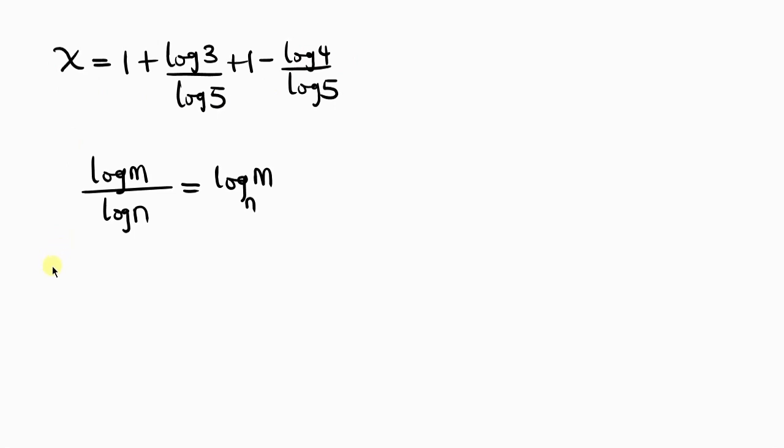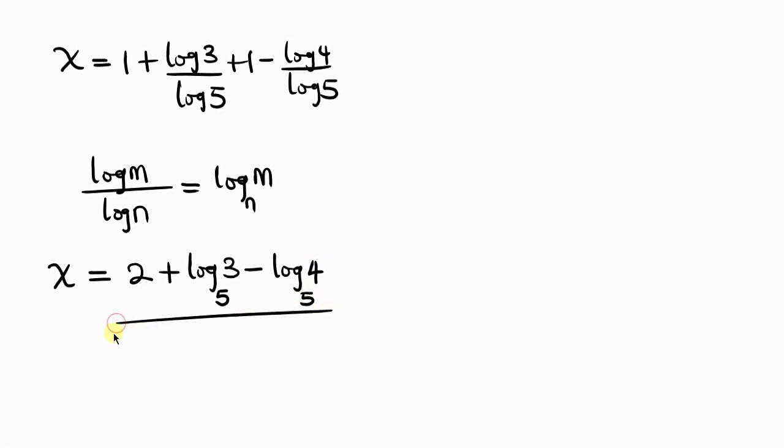So this becomes x equal to, now 1 plus 1 is 2, plus log 3 base 5 according to this law, and then minus log 4 base 5. Very good. And this becomes our final solution.